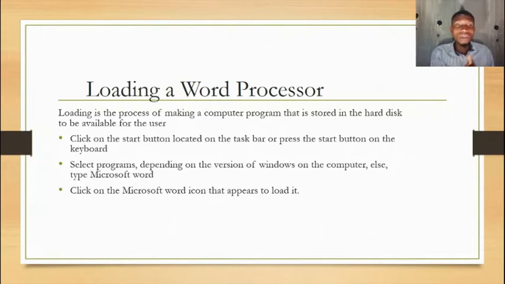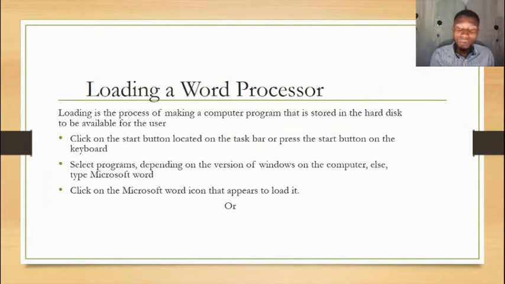So when you search for Microsoft Word, the icon appears. You click on it, then it loads Microsoft Word, or loads the word processor. Okay, now we are assuming we are working with Microsoft Word. So this is the process of loading a Microsoft Word program.